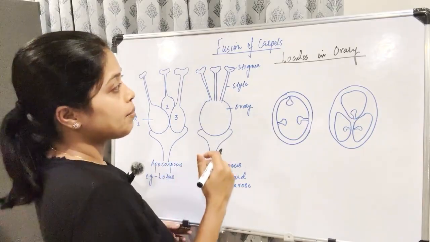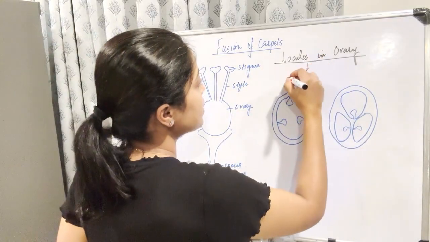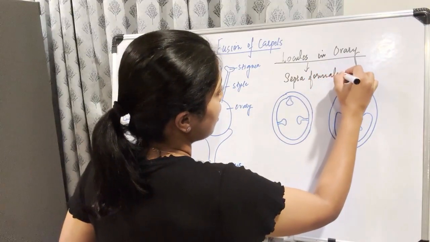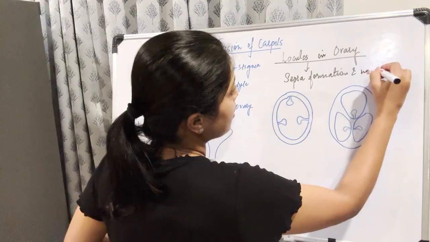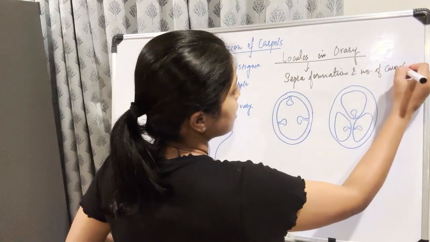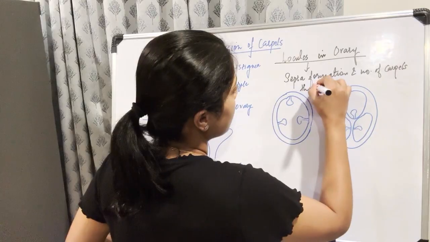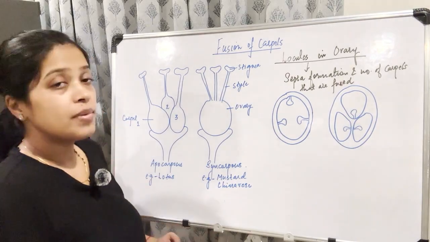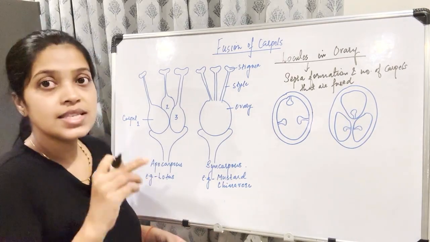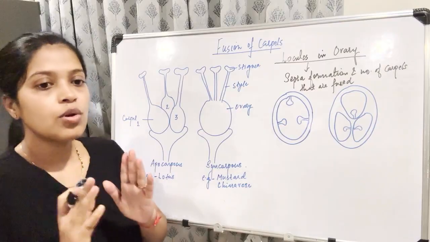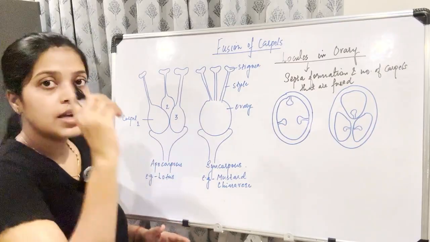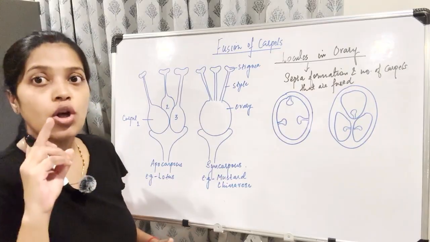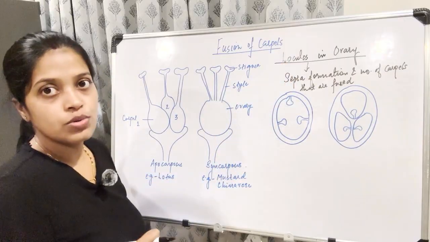So the locules in the ovary depend on the septa formation and the number of carpels that are fused. Okay, so how many carpels are fused, and if two carpels are fused, is there any separation, is any septa formed to create an individual chamber or not, that determines the locules in ovary.